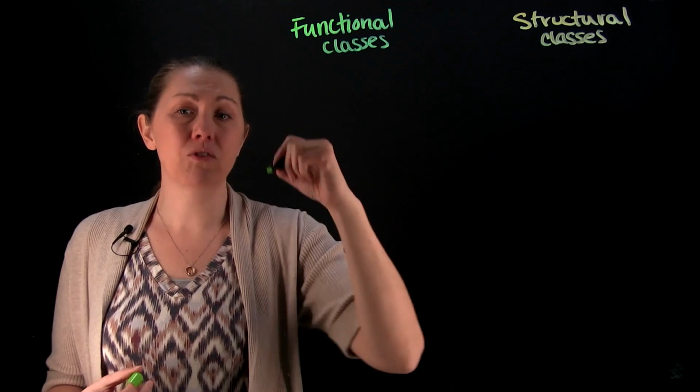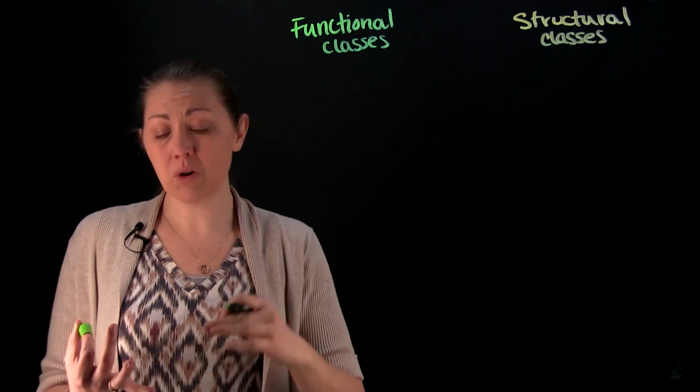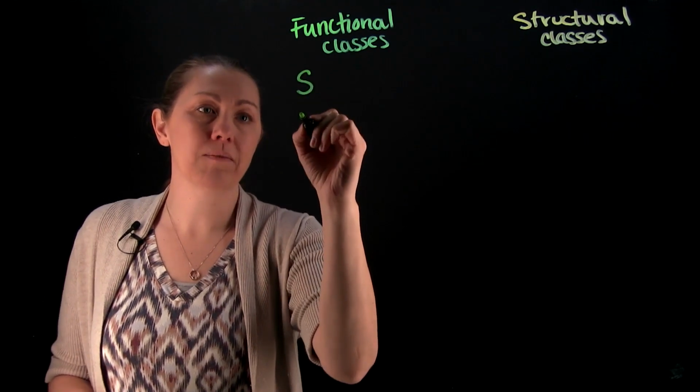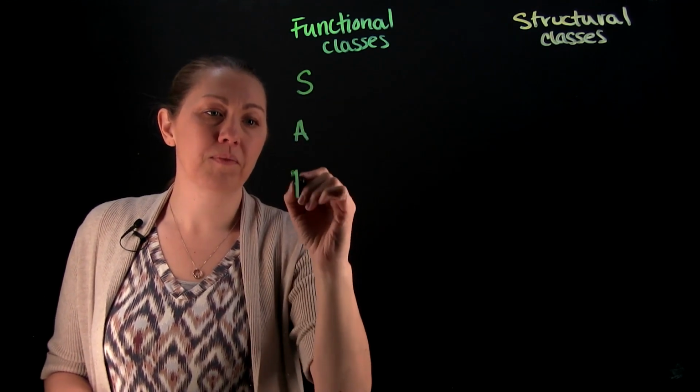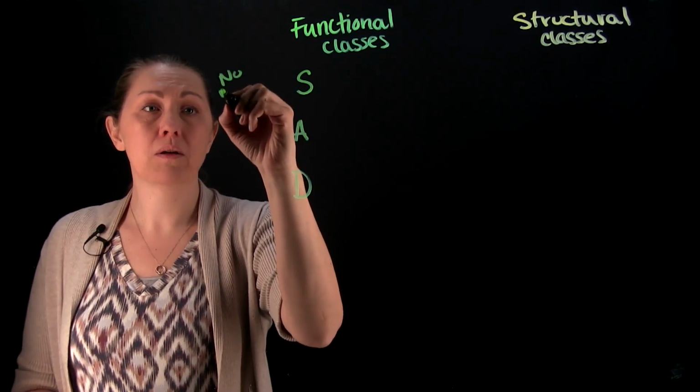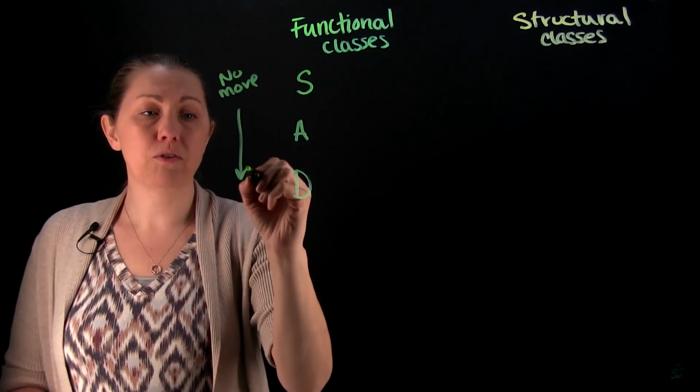So the best way to remember things is to make a story, translate it, come up with a mnemonic. So I go with sad. And that will also put you in the order from no movement down to free movement.